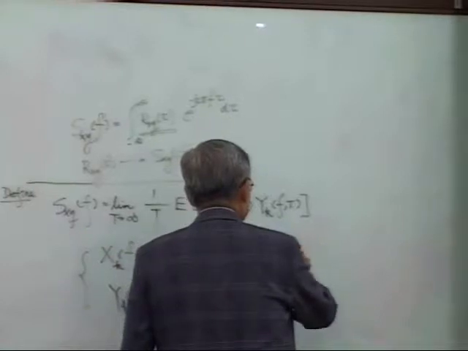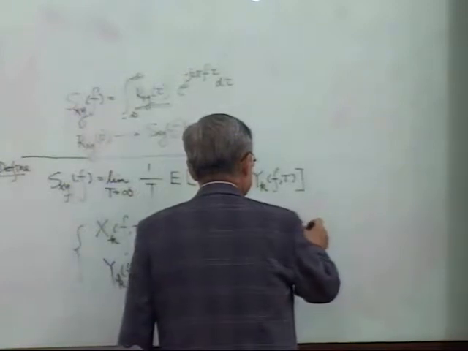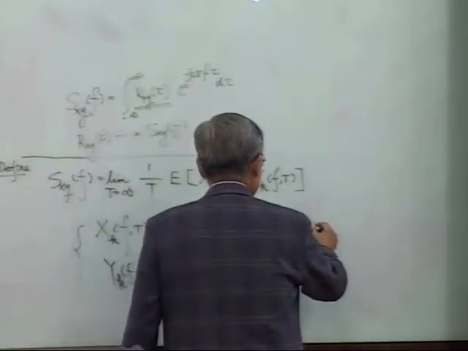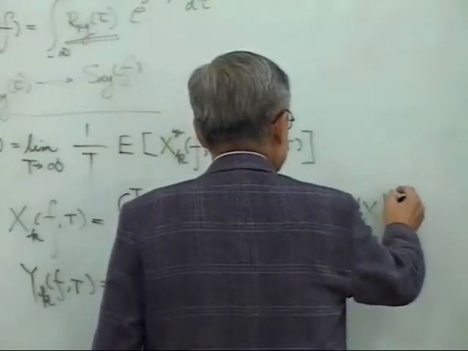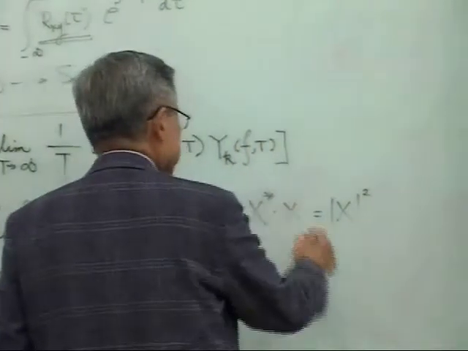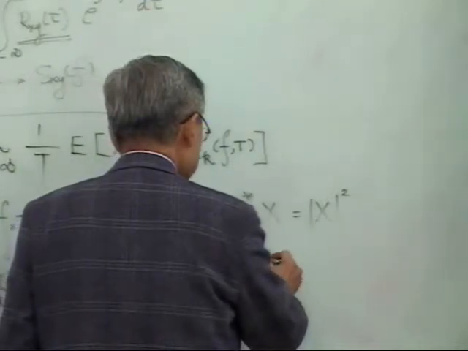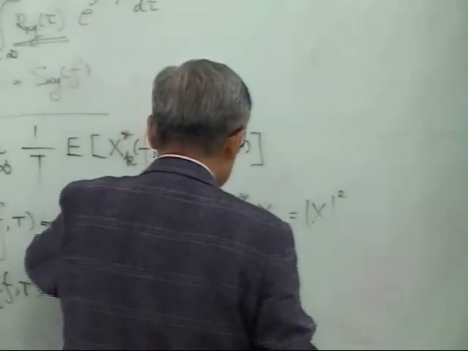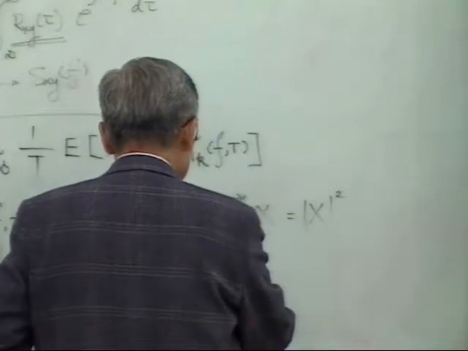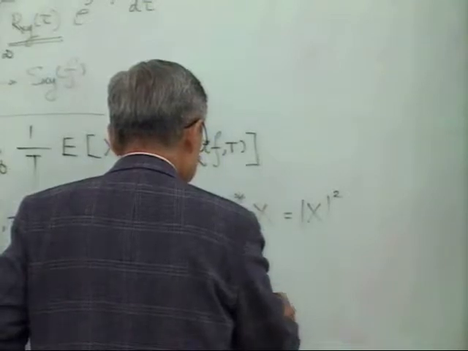So when you have x star and x, for example, it is equal to x squared. So x is A plus jB, and x star is going to be A minus jB.